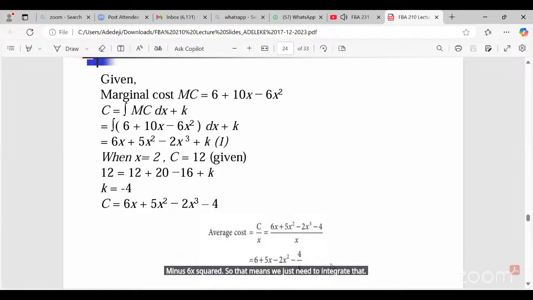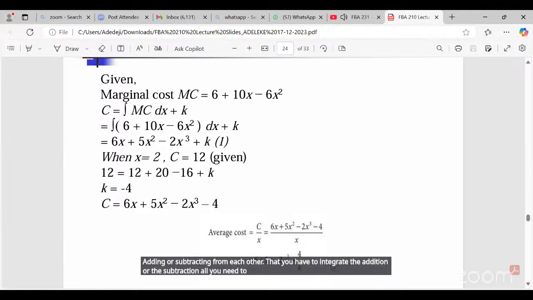So we are making use of property 2 of our integration. Remember that property 2? When you have two or more functions adding or subtracting from each other, if you are to integrate the addition or the subtraction, all you need to do is to take each of the terms and integrate them.